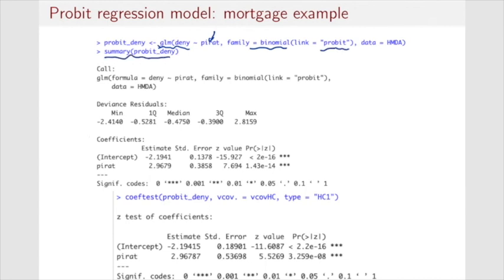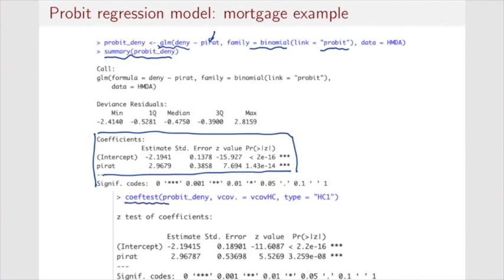The summary of this probit model gives us the regression results. We similarly use the coeftest function to get the robust standard errors. Again, the estimated coefficients are the same as before, but now the standard errors are different.